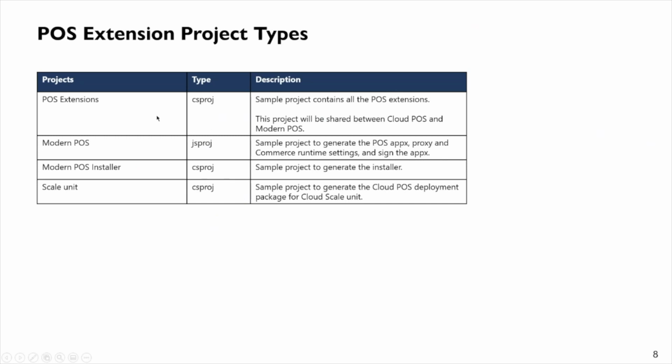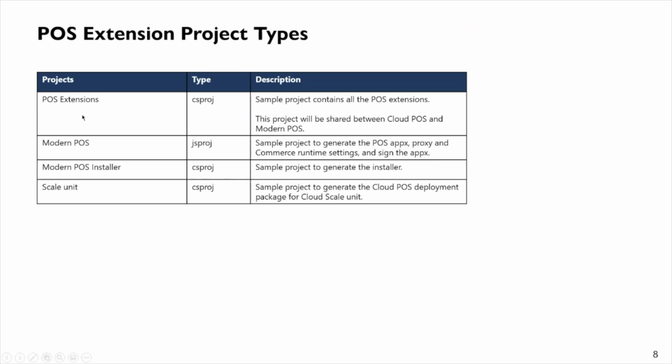Similarly, if you are a partner doing a customer specific customization, or any scenario, the first step is you will create a CS project mainly for your extension, and then you will consume the POS package I showed from the public feed, and do all your customization. So this is the first extension project you're going to create.